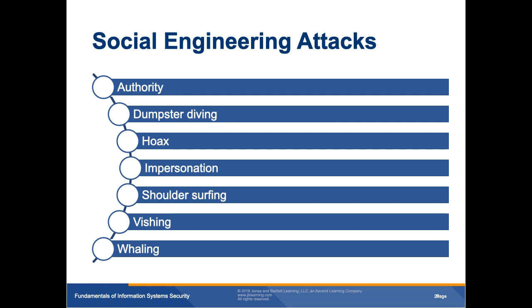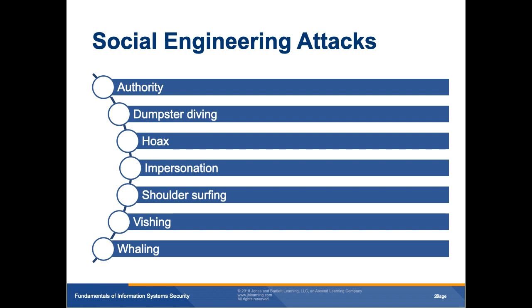Authority, you're pretending to be in a position of authority to coerce them. Social proof, used in a position that everyone else has been doing it. Dumpster diving, finding unshredded pieces of paper or something in the trash, right, to be able to exploit. Familiarity or liking. Hoax, right, creating a con or a false perception.